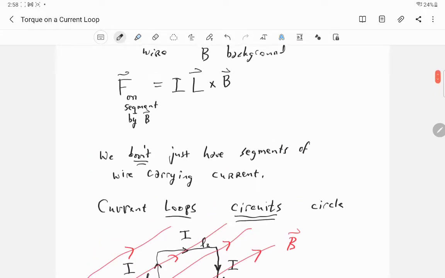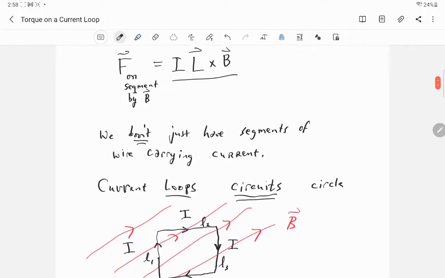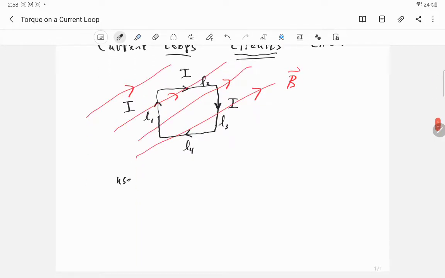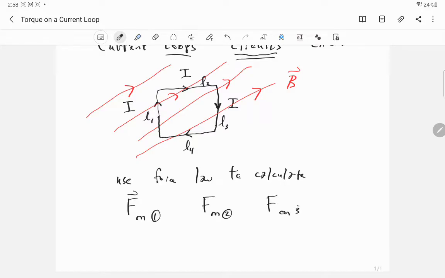And I could use this force law to calculate the force on side 1, the force on side 2, the force on side 3, and the force on side 4. These are going to be 4 individual forces on the 4 individual segments of this rectangle.